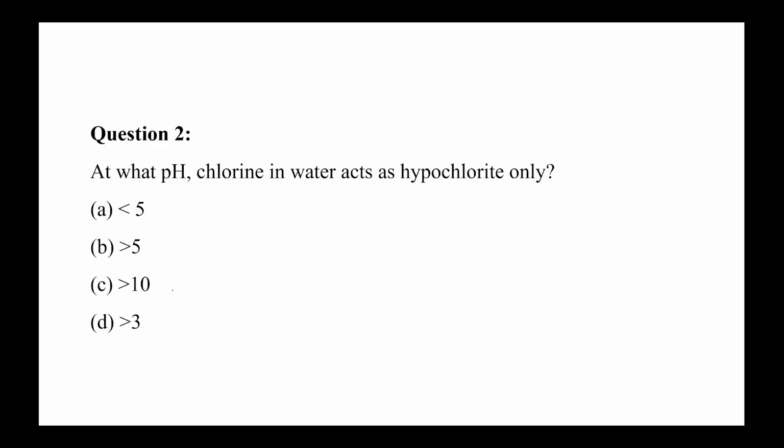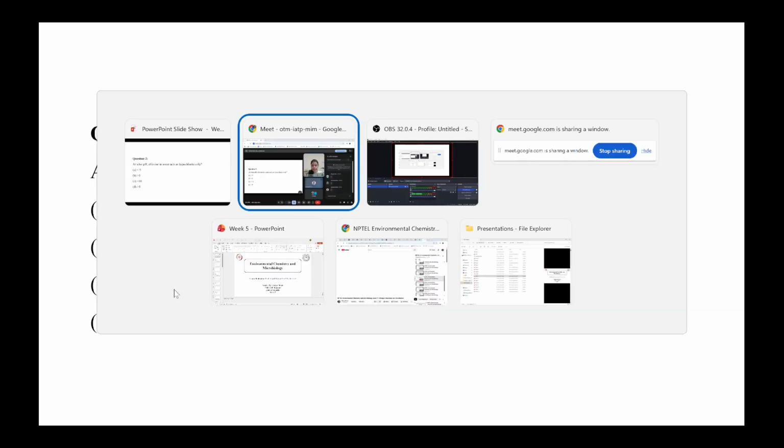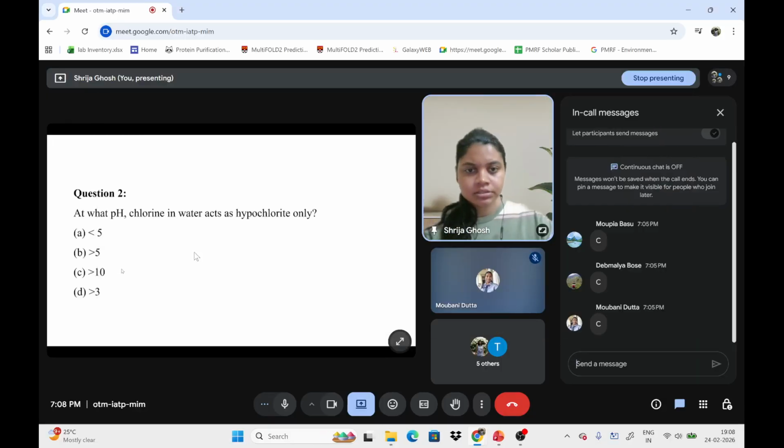At what pH does the chlorine in water act as hypochlorite only? What would be the correct answer? Write your answers in the chat box, and then we'll have the discussion.